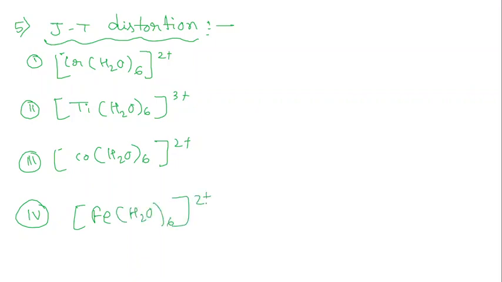Now we have to find where the unsymmetrical distribution is. Sir already discussed these things. For showing Jahn-Teller distortion, there should be an unsymmetrical distribution of electrons in the t2g orbital or eg orbital.